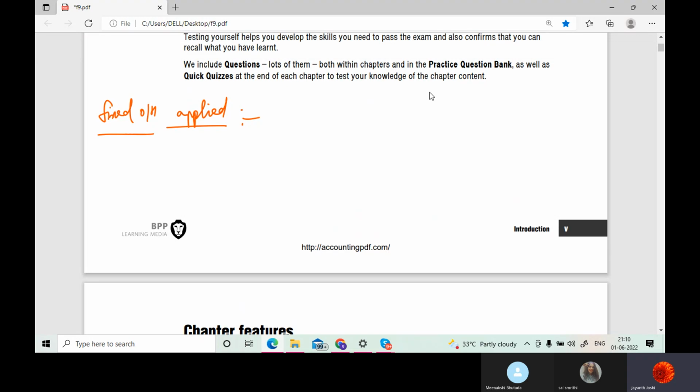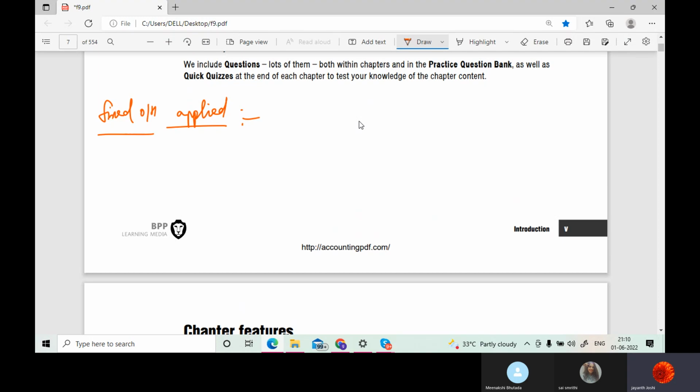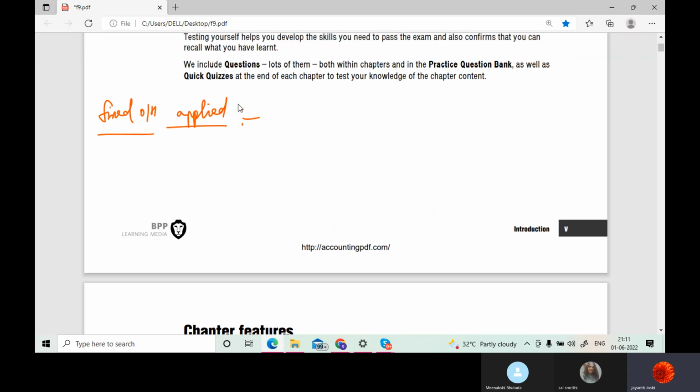Those we are not discussing. So indirect costs are a part of manufacturing overhead. We use this term for indirect expenses. So now the question is, what is applied manufacturing overhead?